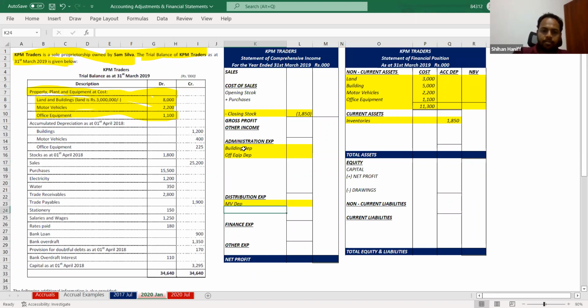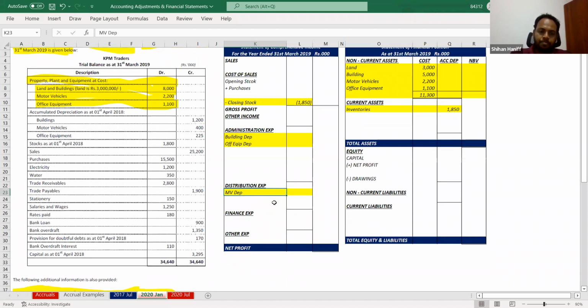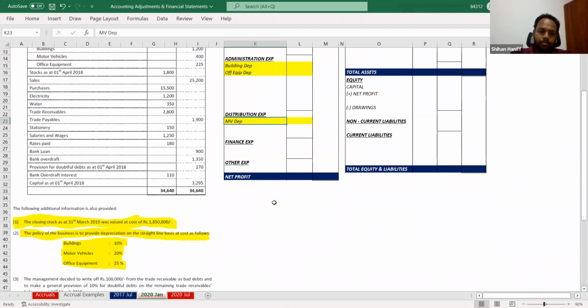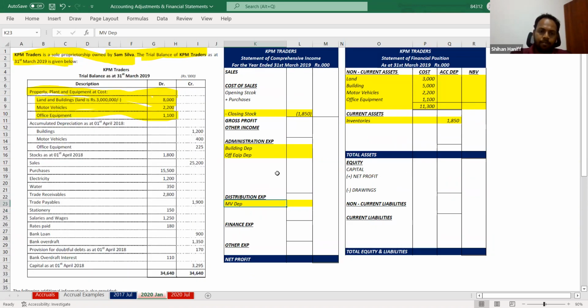Motor vehicle, remember, we normally take under distribution expense. 10, 20, 25. Building is 5,000 into 10%, which is 500.